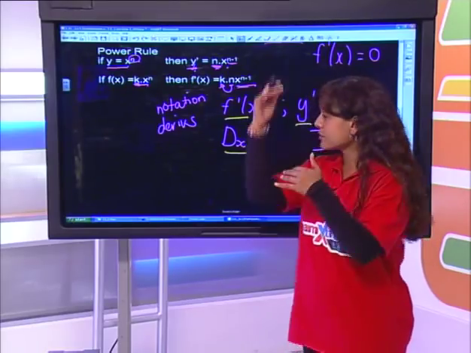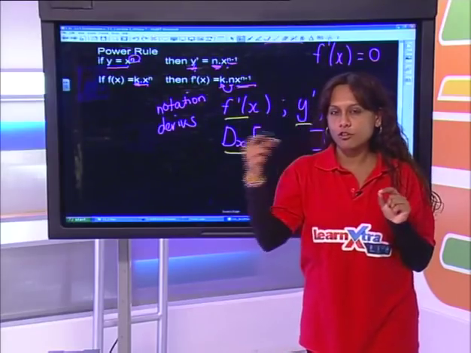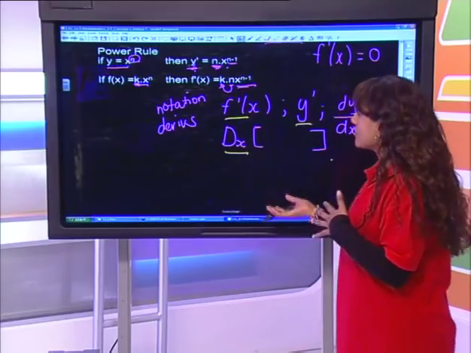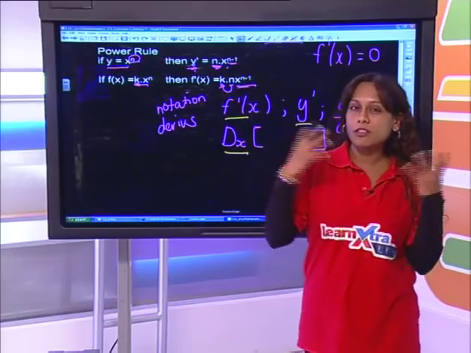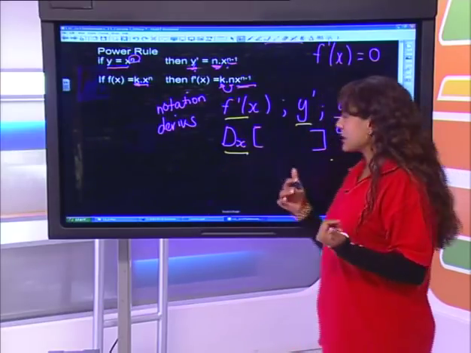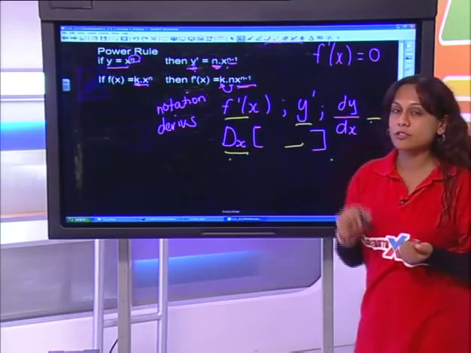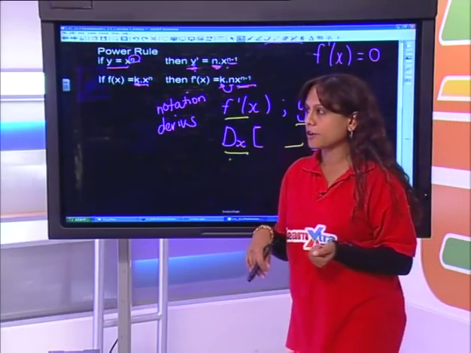As soon as you use the little dashes, you're finding the derivative. When there's no dash there, then you're talking about the function value. But if you also see things like dy over dx or dx of some function, you're still finding the derivative. Okay, hope that helps.